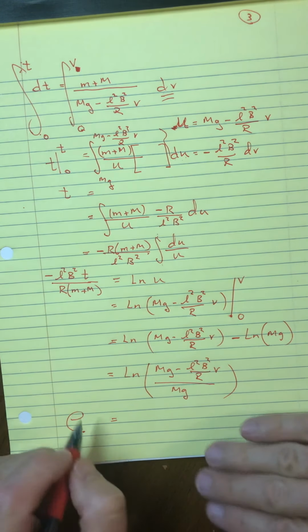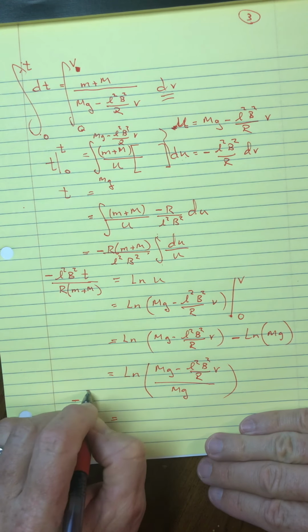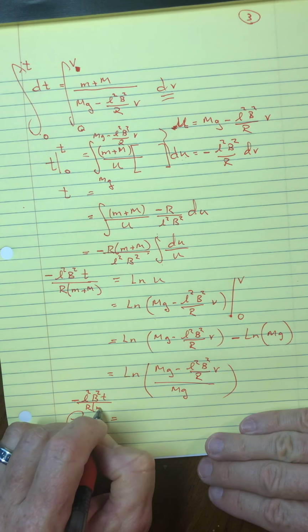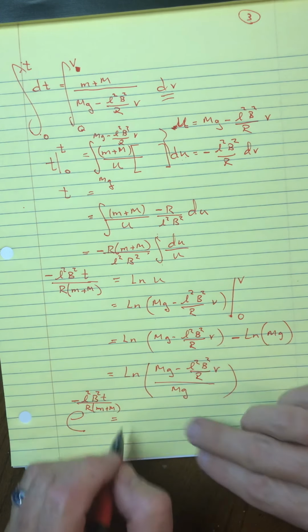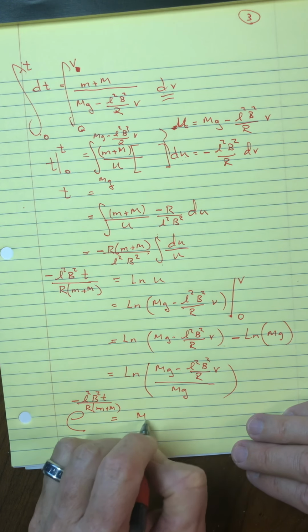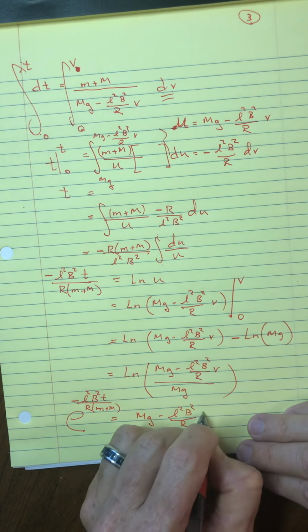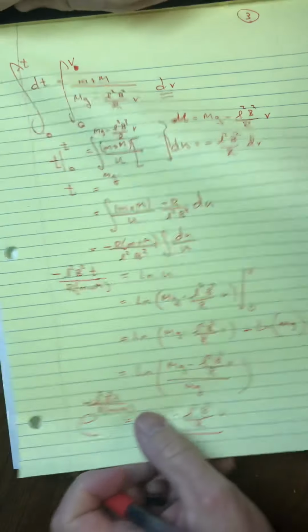So the left-hand side becomes e to the negative L squared B squared T over R little m plus big M. And this side, of course, gets rid of that, so it becomes mg minus L squared B squared over RV, all over mg.